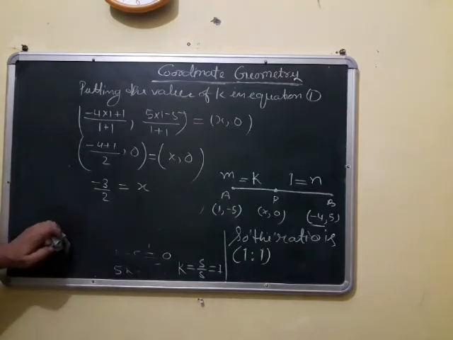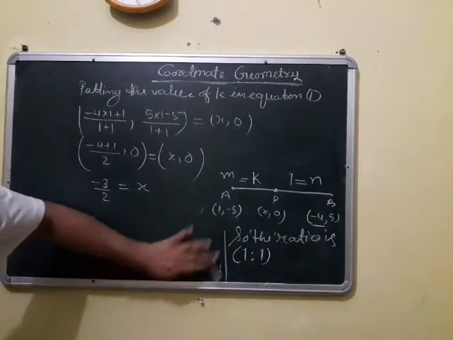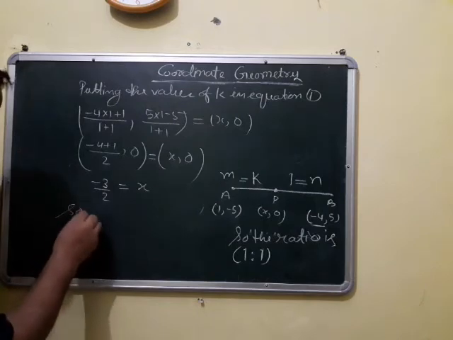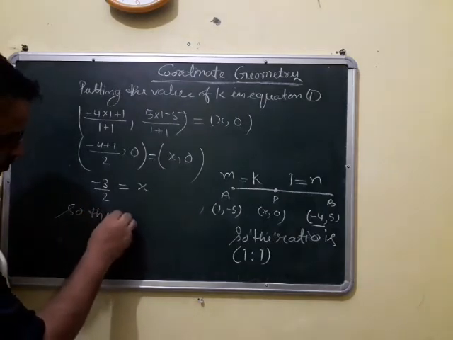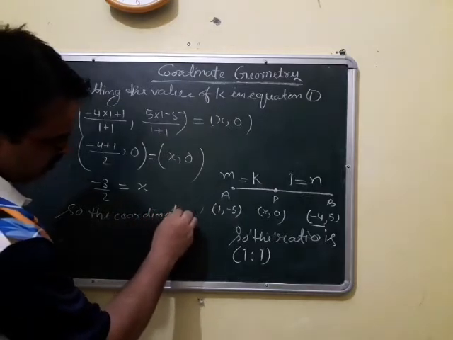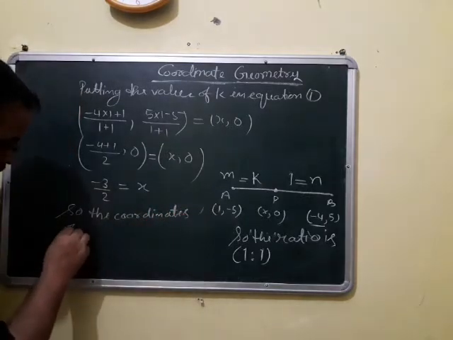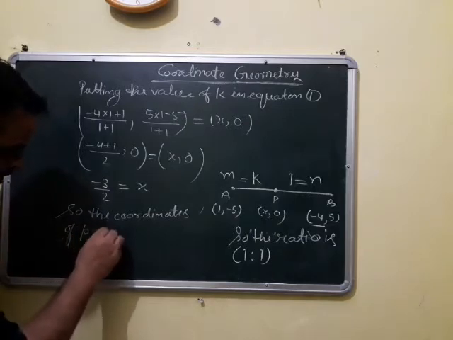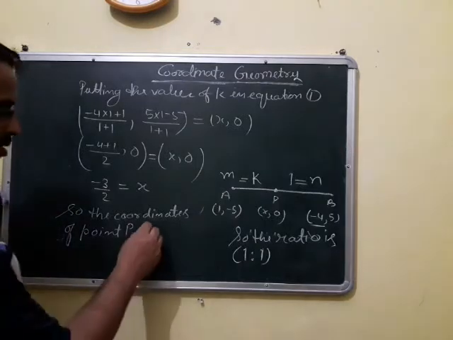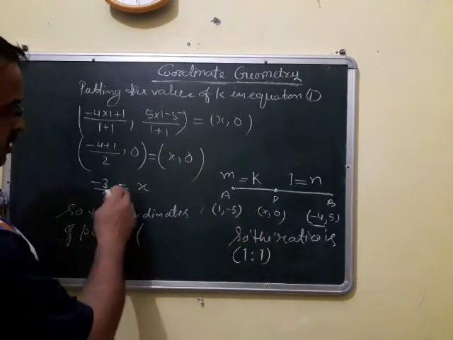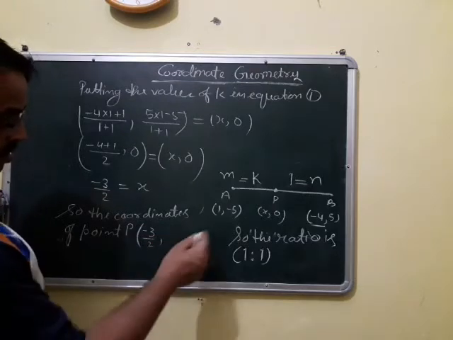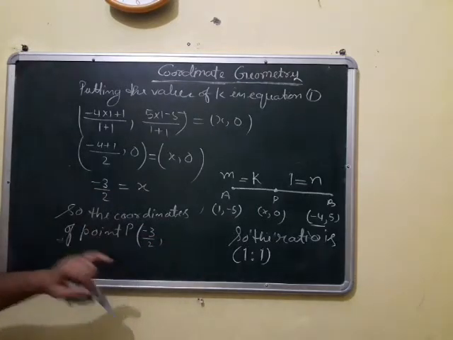So the coordinates of the point P: the x value is minus 3 by 2 and y is 0.